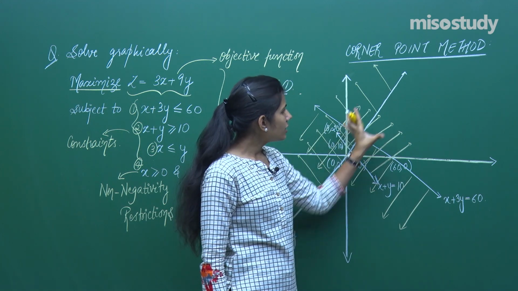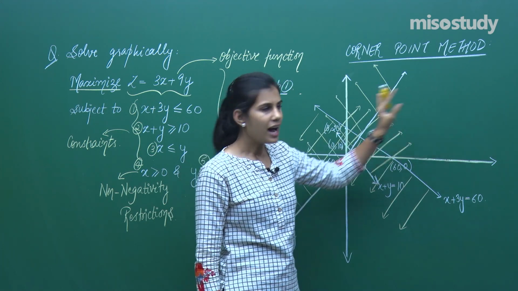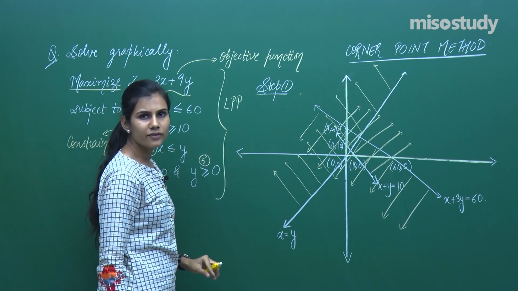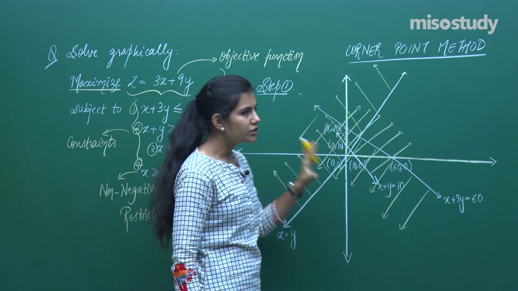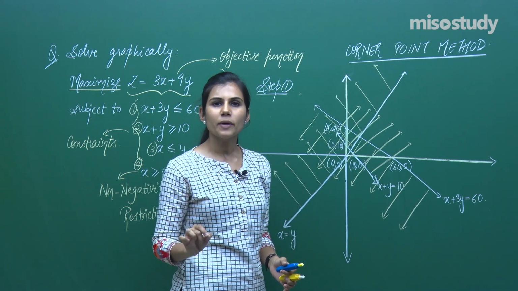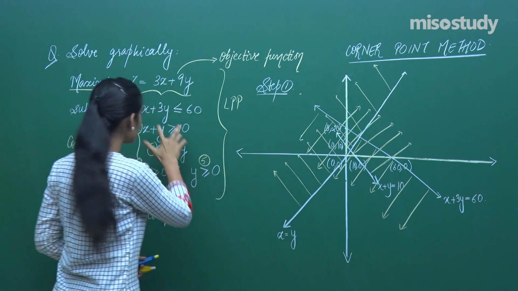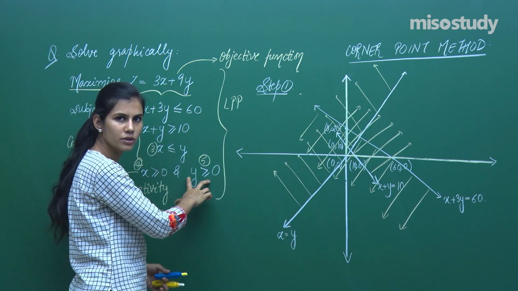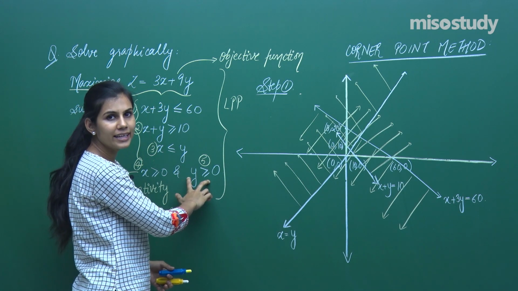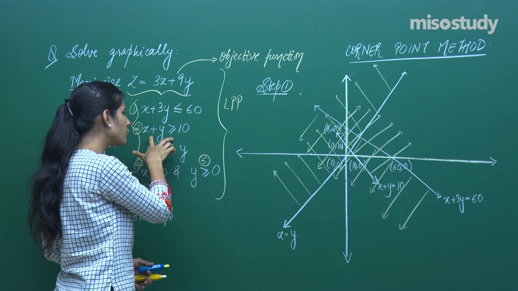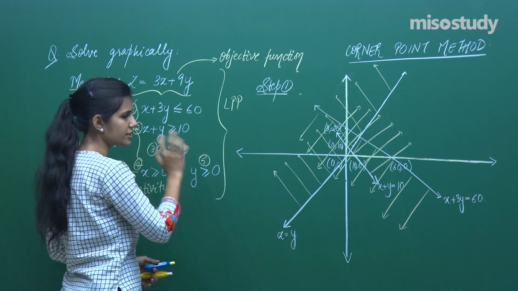So now all the points in the first quadrant represent the region x greater than or equal to 0 and y greater than or equal to 0, and these are all the regions represented by the other constraints. I am asking which points satisfy this also and this also and this also and this also and this also. They are those points which lie in the region represented by this inequation, this inequation, this inequation, this inequation, this inequation.